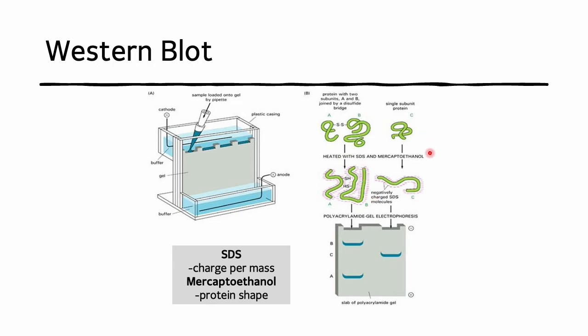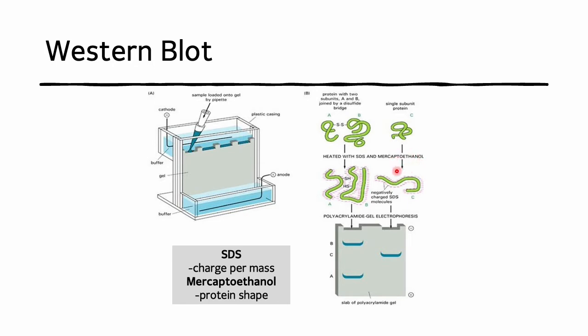Protein usually has a round shape, and this shape also affects the speed of moving. So what we want is a linear, straight shape with minus charges pushing each other apart.